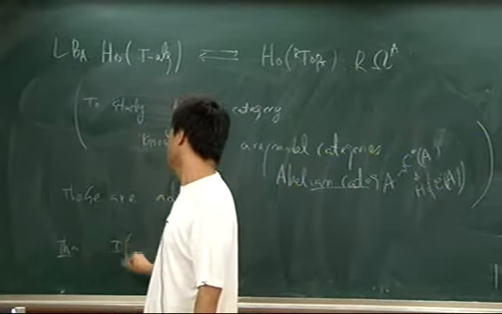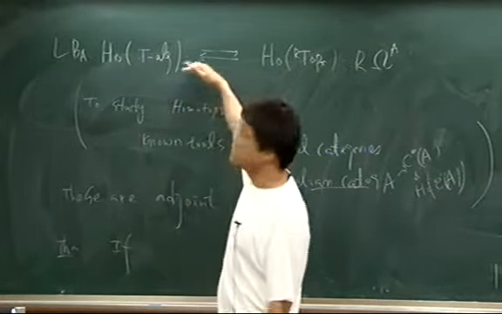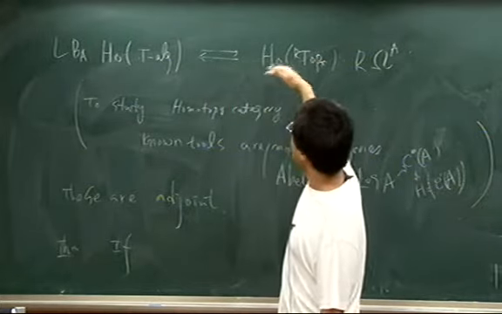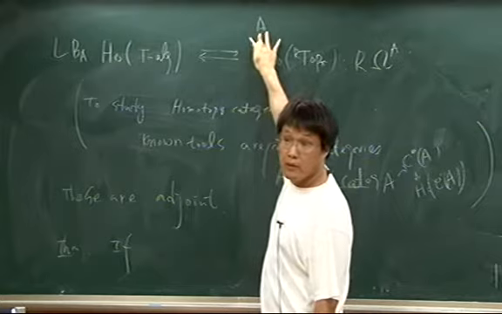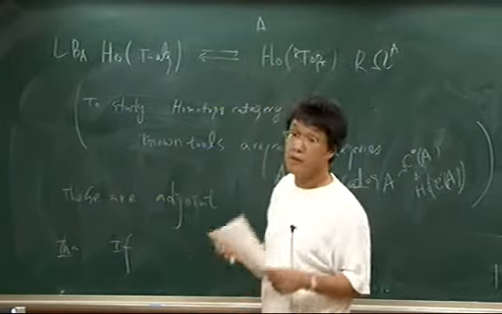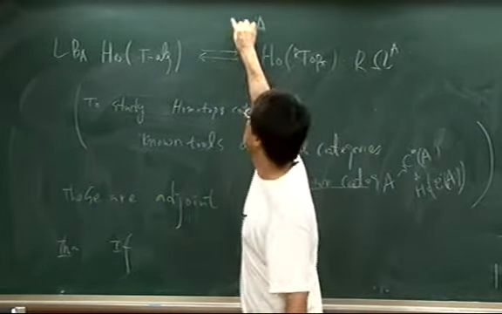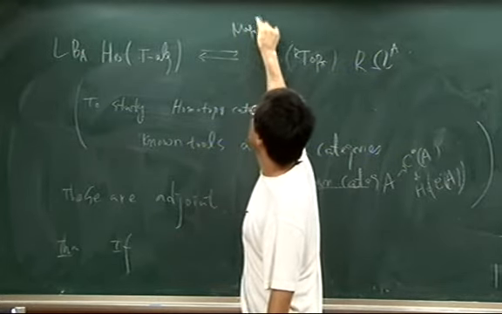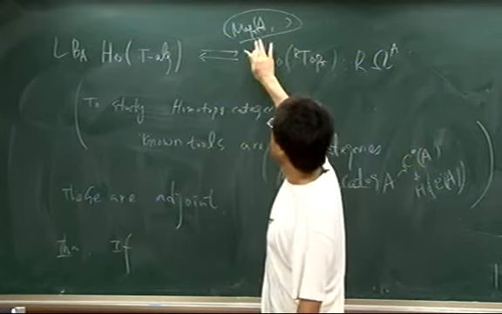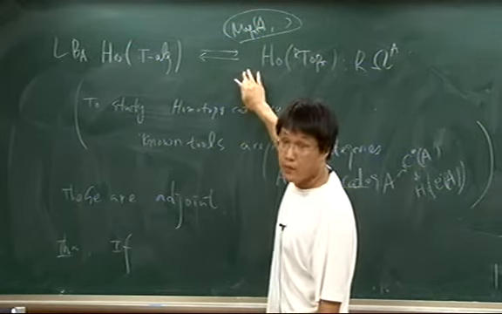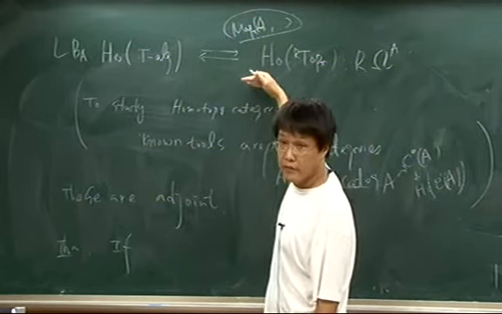In general this is not an equivalence. So far for general space A, right, I used it to describe a mapping space, this kind of mapping space, right? If I start with general A, then we can get an adjoint here, okay?